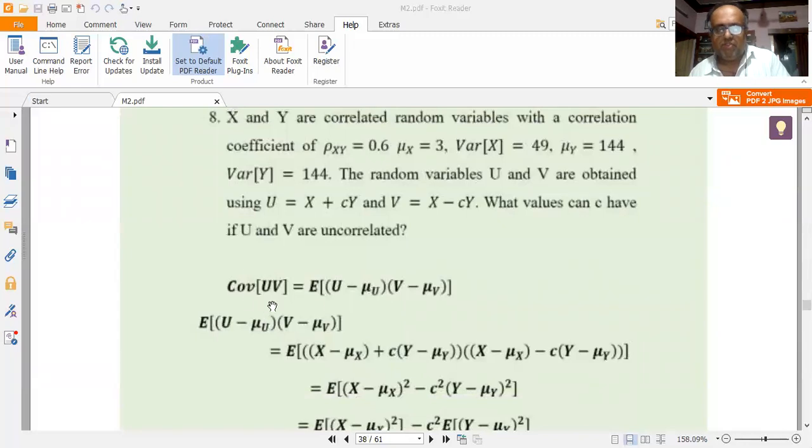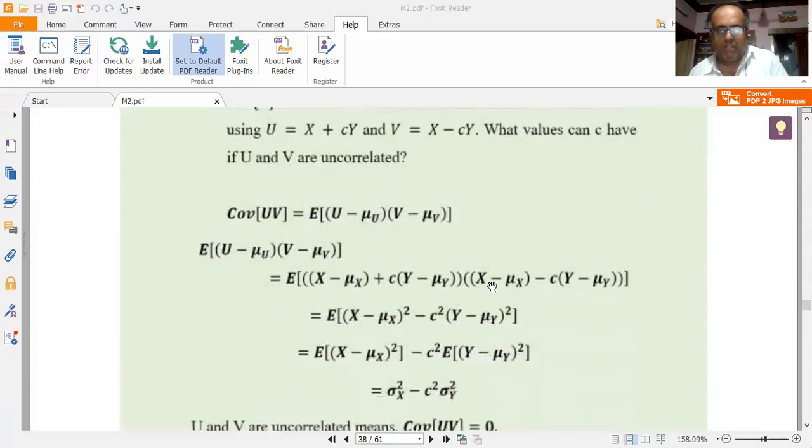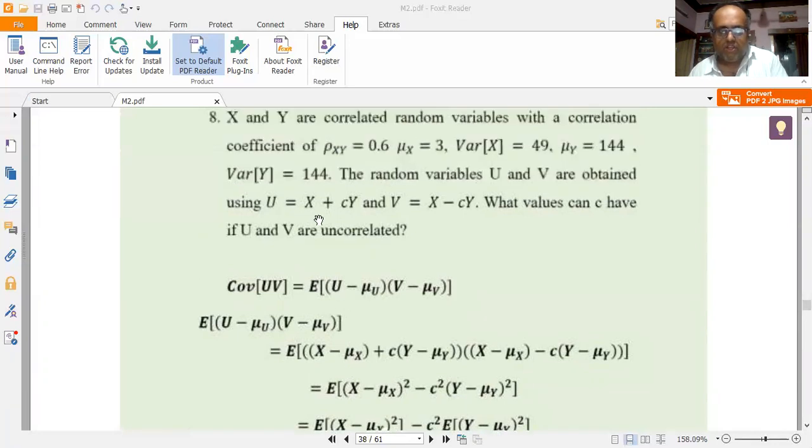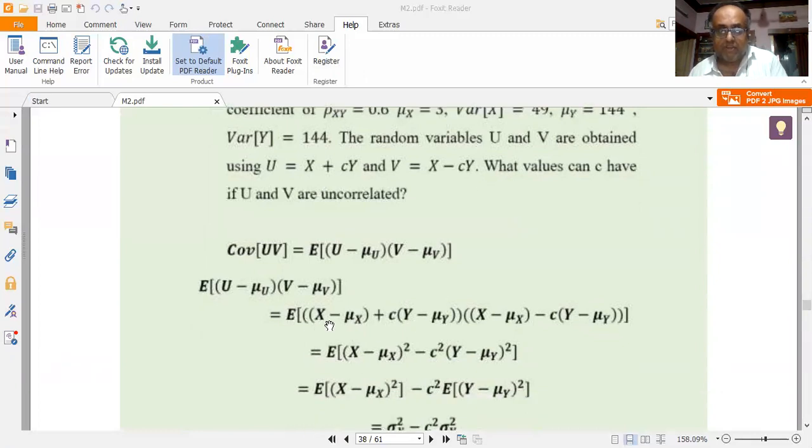So covariance of UV is given by E of (U minus mu U) into (V minus mu V). Okay. So this is equal to the expected value of, now U is equal to X plus cY, V is equal to X minus cY. So substitute the corresponding values and simplify it to get this expression.